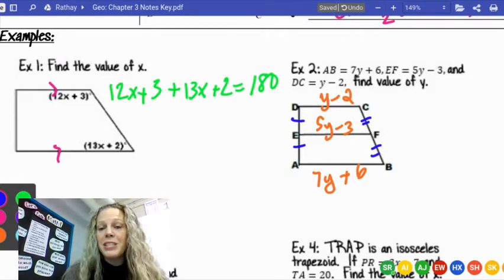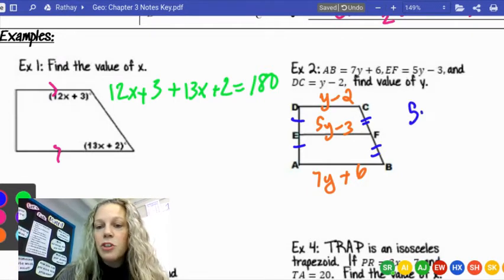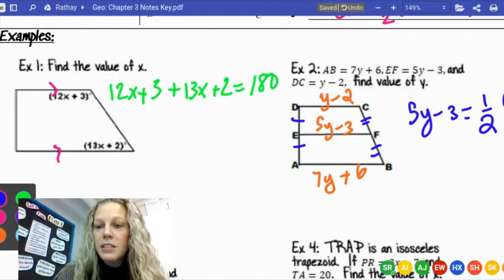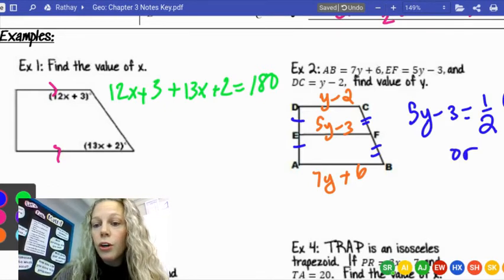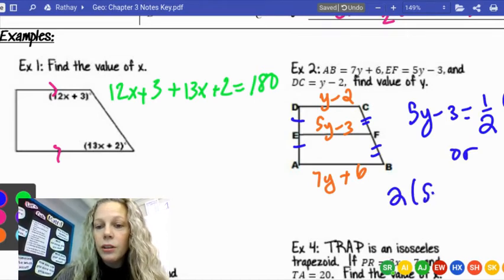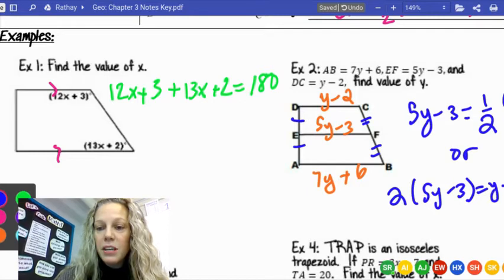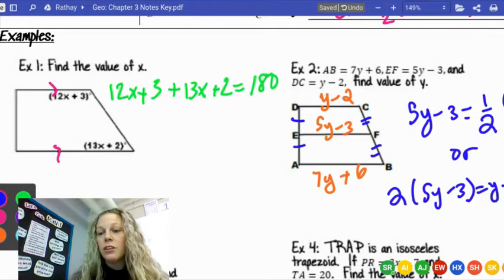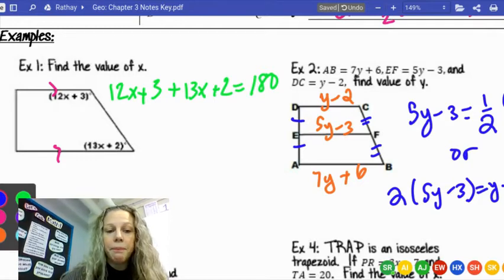So if those are midpoints, EF is a mid-segment, which means 5y minus 3 is the average of y minus 2 plus 7y plus 6. That's one way to calculate it. Or you could say 2 of those middle segments is equal to base 1 plus base 2. Both of those equations are going to lead you to a correct value for y.